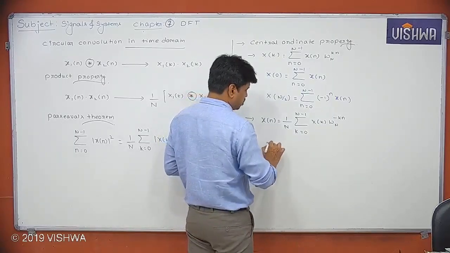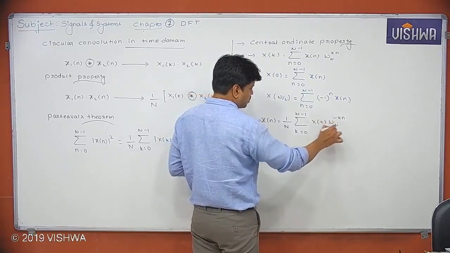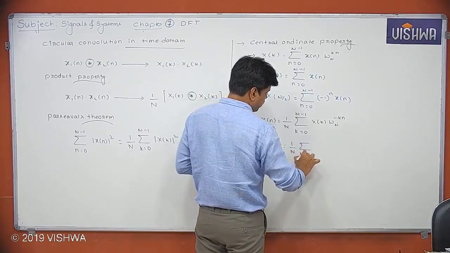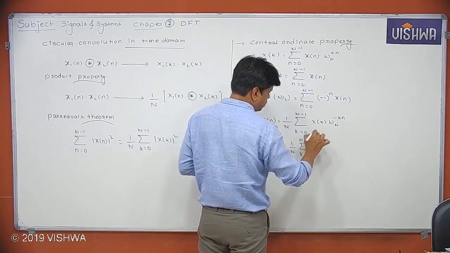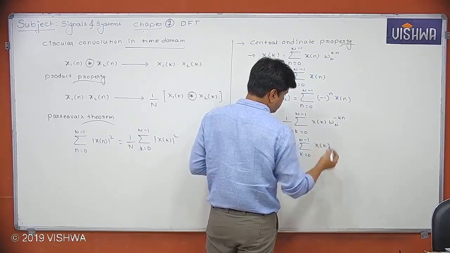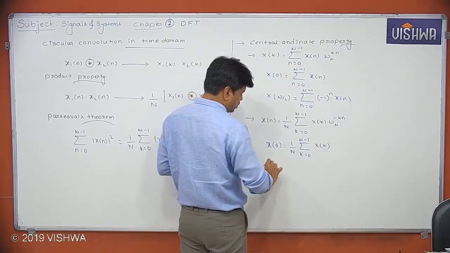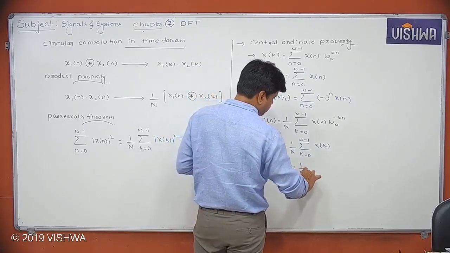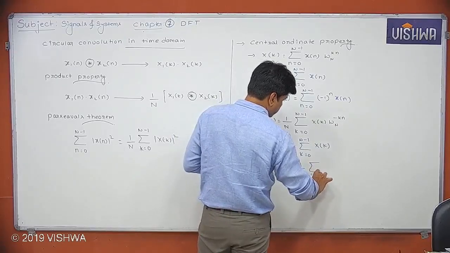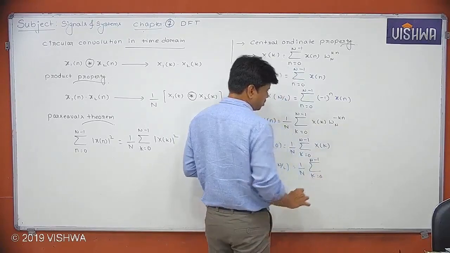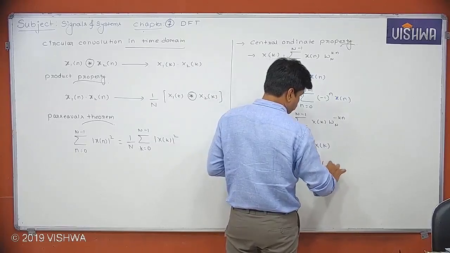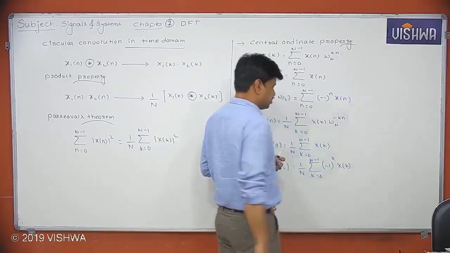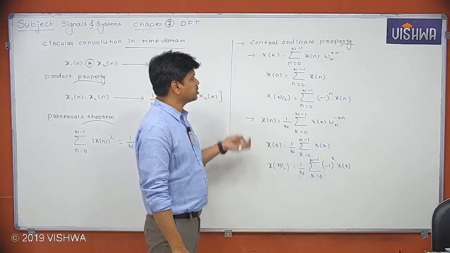Suppose if I want to go for n is equal to 0, then this value will become 1: 1 by N summation k is equal to 0 to N minus 1 X of k. In the similar way, x of N by 2, then this is 1 by N summation k is equal to 0 to N minus 1, minus 1 whole power k, X of k. So these are the central ordinate properties. Take it.